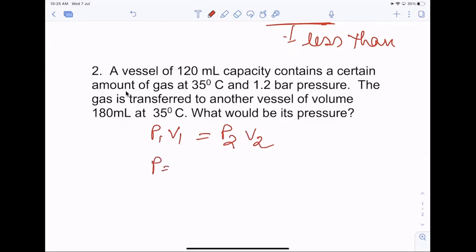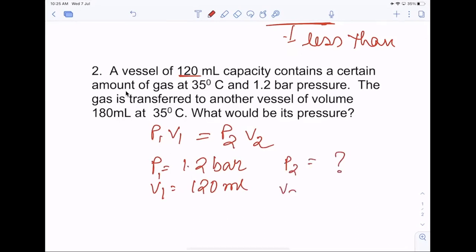P1 is 1.2 bar. V1 is 120 ml. Next, P2 is not given, we have to calculate. V2 is 180 ml.